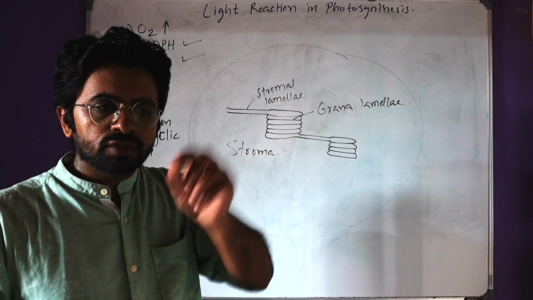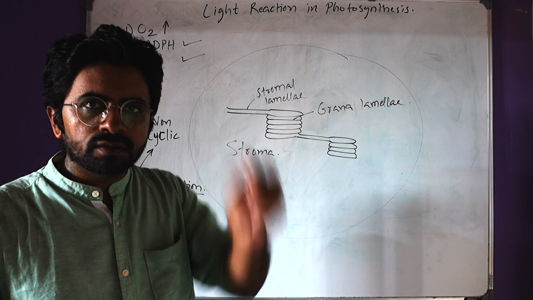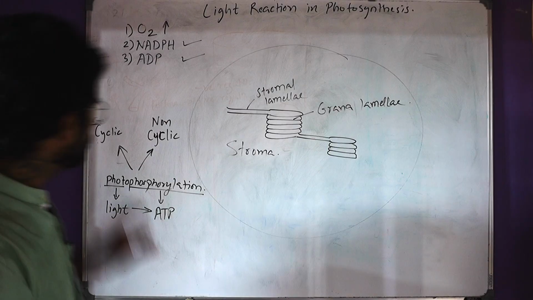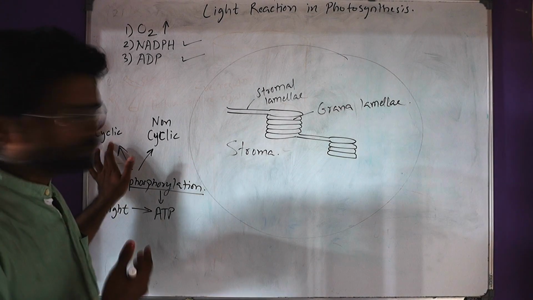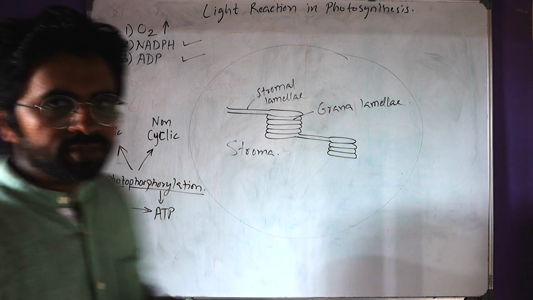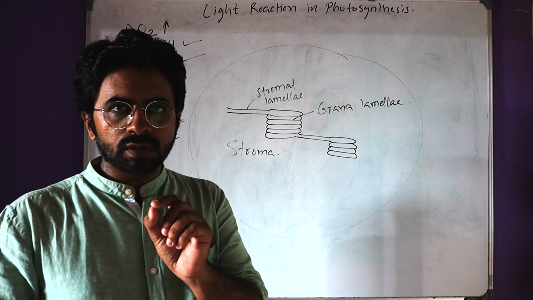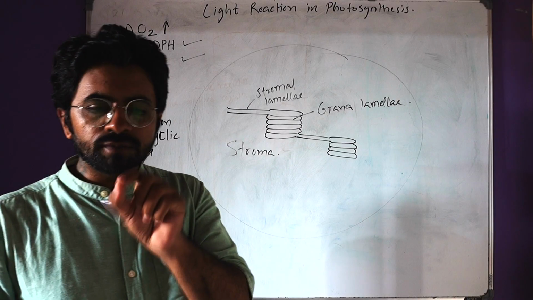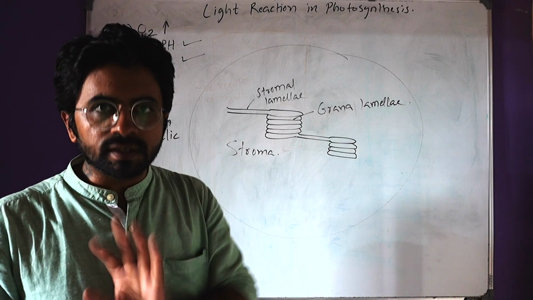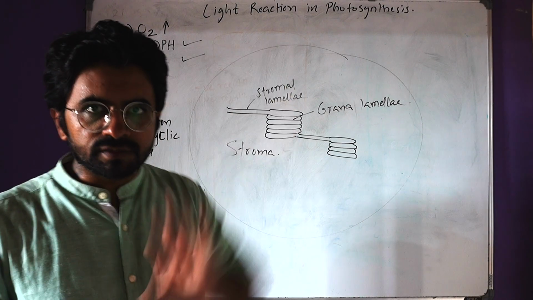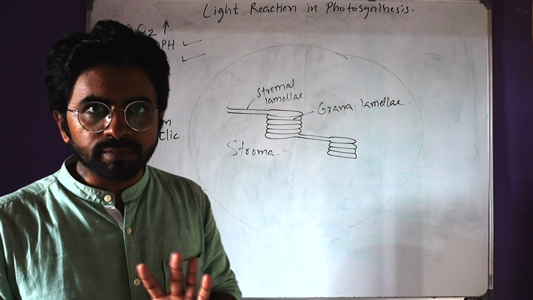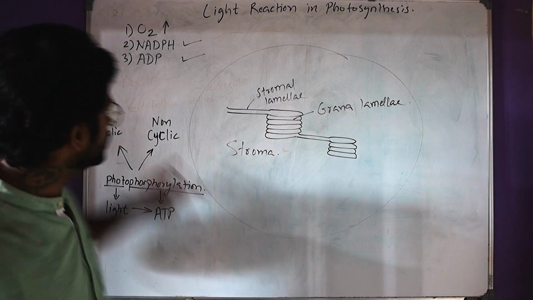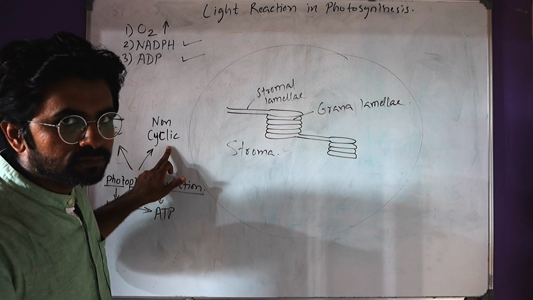Okay, so it forms a cycle, it forms a loop. Yes, that is what cyclic means. And non-cyclic means if a molecule, here in this case an electron, starts from its starting point, it does not come back. It goes somewhere else. We will see where, but it does not come back. That's why the cycle is not completed. So that is non-cyclic.